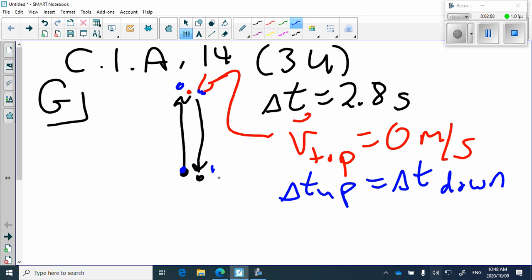Well, what must this time be if there's symmetry and the entire motion is 2.8 seconds? Saloni? 1.4 seconds.